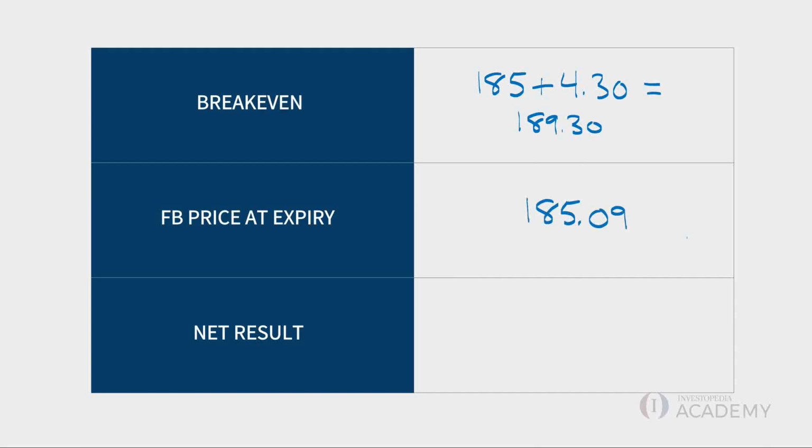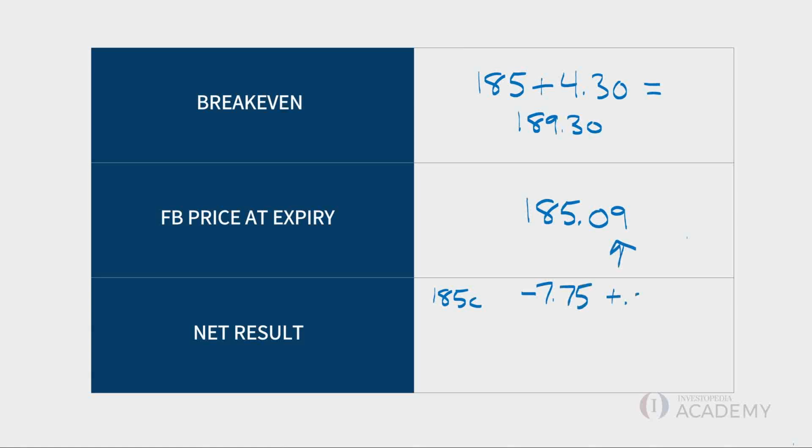So the way that you're going to do this is you're going to have to look at the P&L of both of the calls. So let's go ahead and calculate our net result. And to do that, we have to look at the P&L of both call legs. So let's go ahead and start with the 185 call. Now remember, we paid $7.75 for this call, and Facebook expired at 185.09.